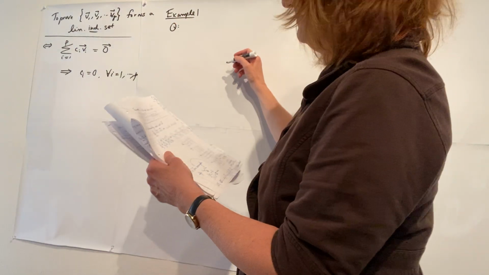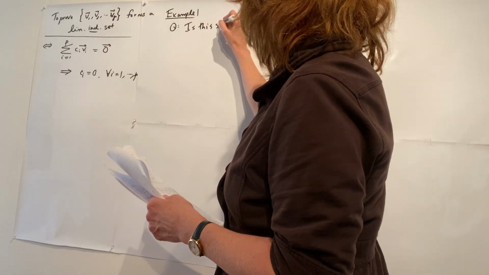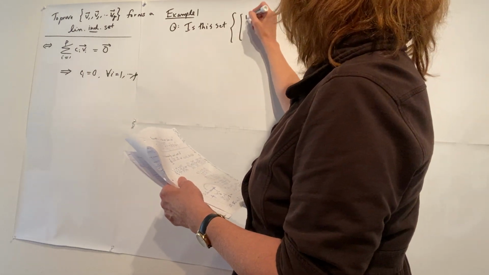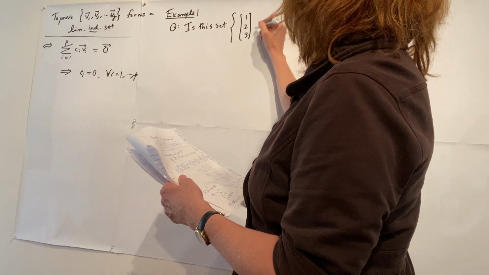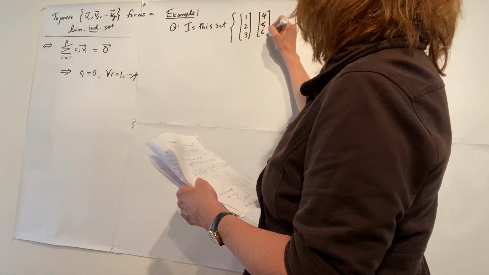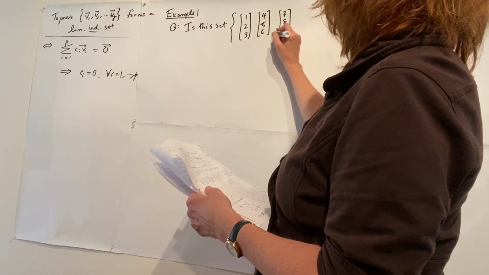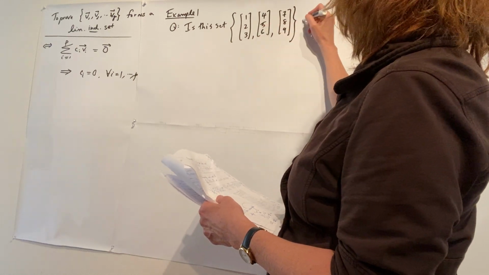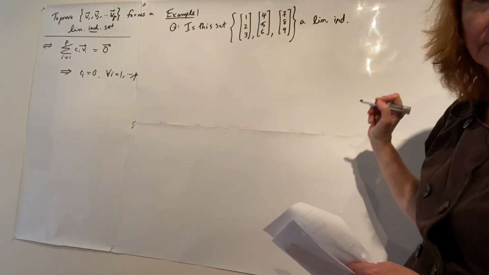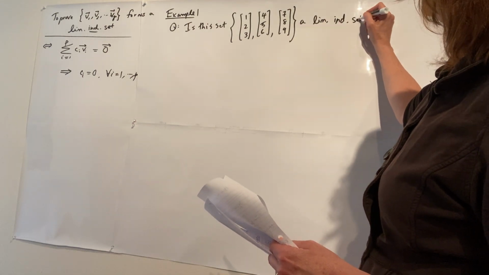Let's say the question is this set of vectors with good old 1, 2, 3, 4, 5, 6, 7, 8, 9 as column vectors in it. Is this a linearly independent set? Okay. Let's say that's your question.